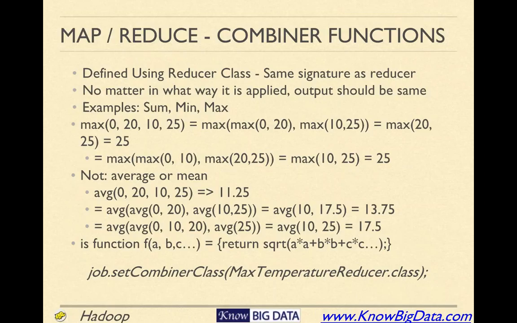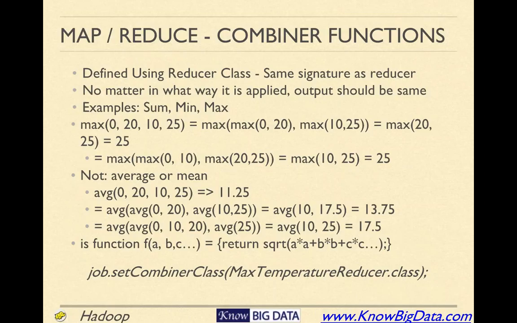The only big catch is that we can apply only those reducer functions as combiner which have this property that no matter how many times we apply those functions, the result is going to be the same.